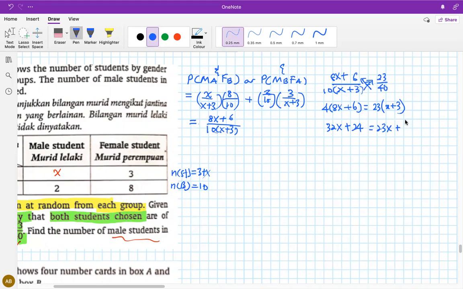Right, a bit rusty already. So 32 minus 23, you get 9x, equals 69 minus 24. 69 minus 24, you get 45. So therefore x is 5. Okay, so x is 5.